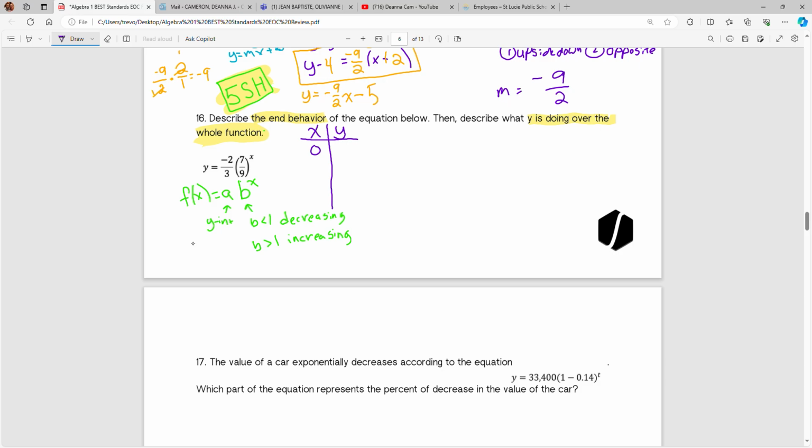So when x is 0 here, all of this turns to a big old 1. And so 1 times negative 2/3, our y would be negative 2/3. So on a graph, we're looking at a point down here.